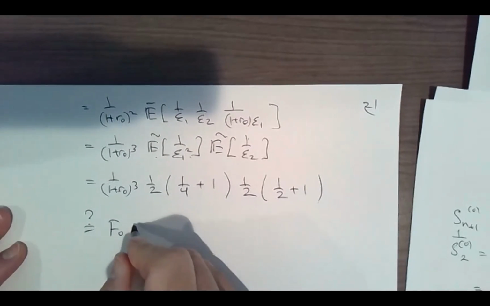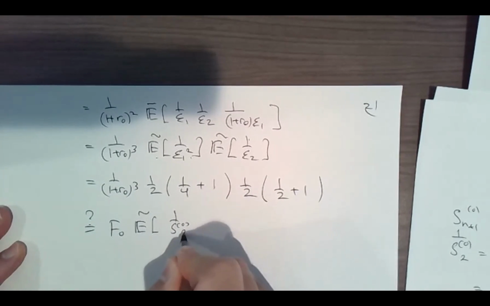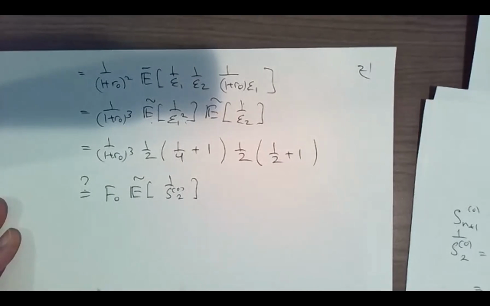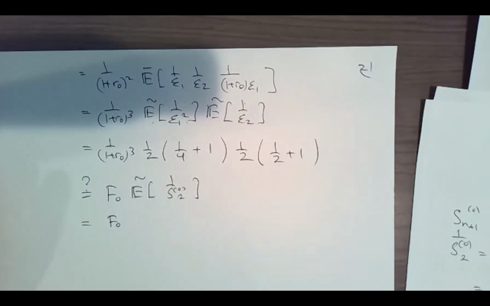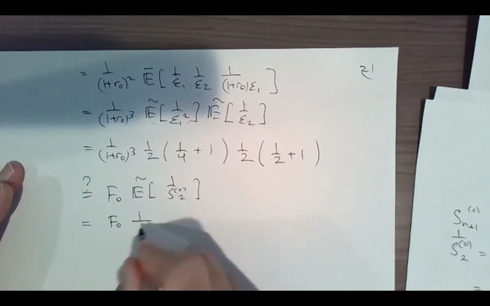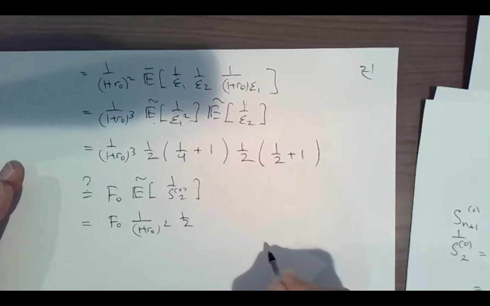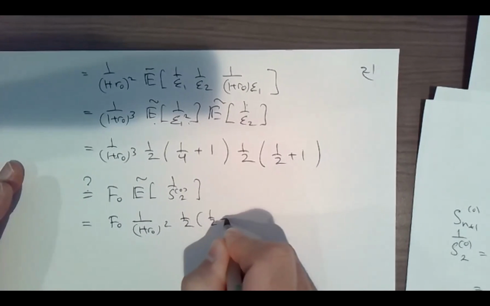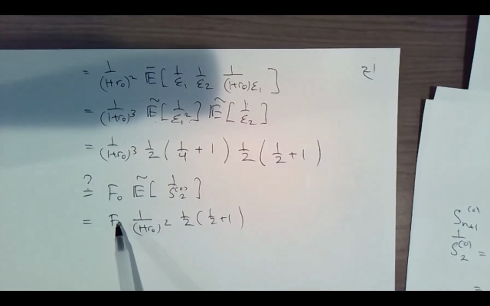You want to solve this to be F0 times this expectation of 1 over S02. And we compute what that was. This was F0 times 1 over 1 plus R0 squared, 1 over 2, 1 over 2 plus 1. So that's your F0. There's this F0 that makes that one true.